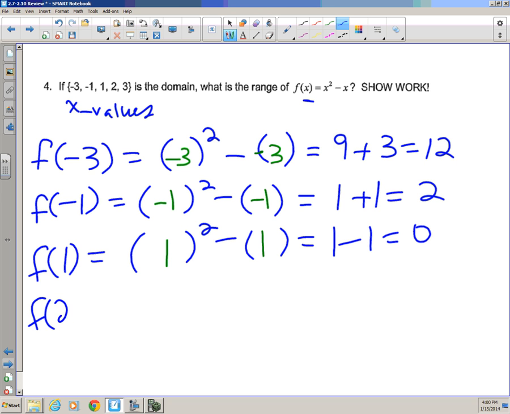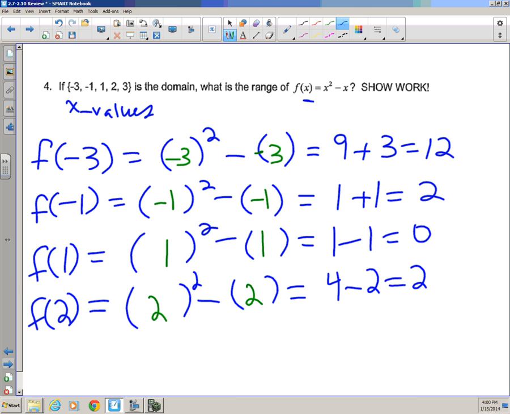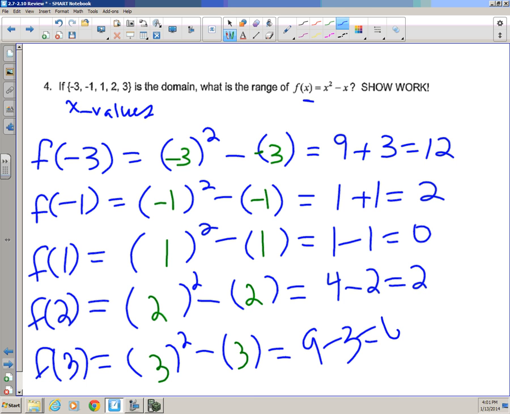When you evaluate f of 2, it becomes 2 squared minus 2. 2 squared is 4, and 4 minus 2 is 2. And lastly, f of 3 becomes 3 squared minus 3. 3 squared is 9, and 9 minus 3 is 6.